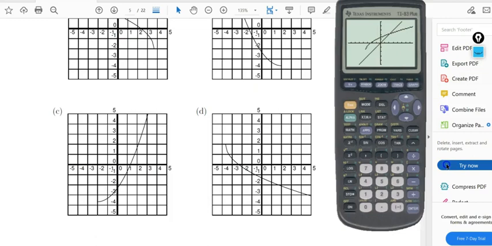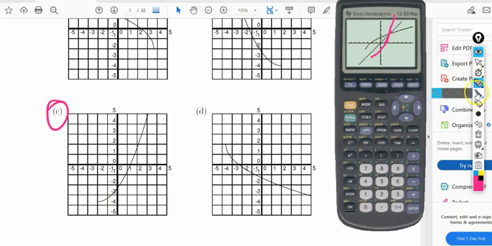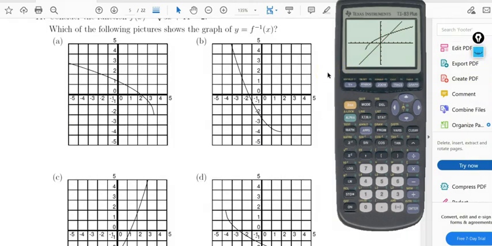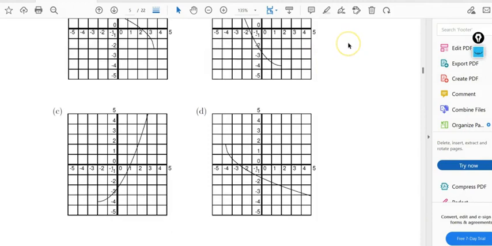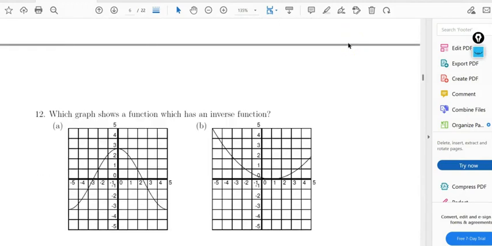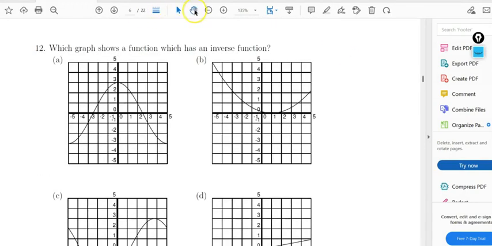Okay, so what I drew in red looks like this one here. So that's the inverse. The inverse is C. And there is one like this on your midterm. Okay. I don't know if both of the midterms have it, but there's definitely one like that.